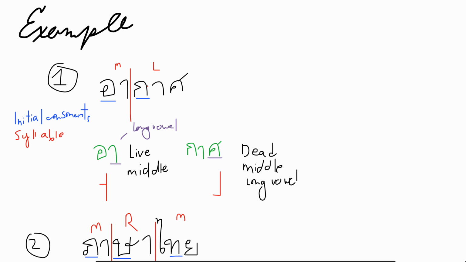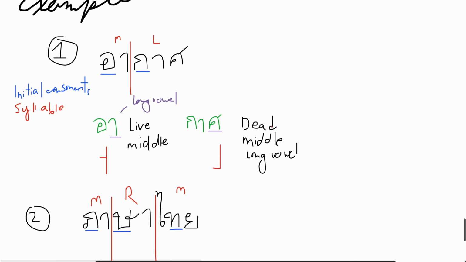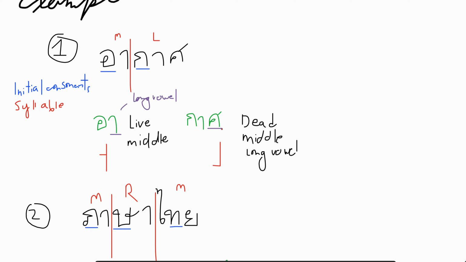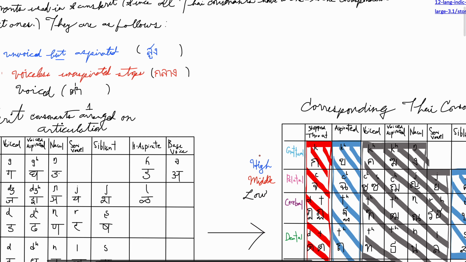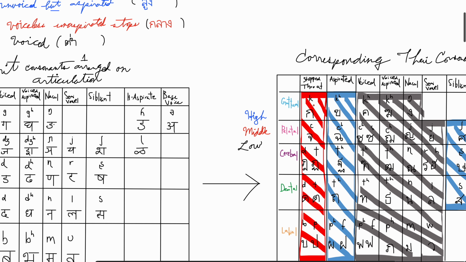Nice. Now we have the last syllable. Kad. So it's dead. Why? Because there is an ending that makes a T sound. So kad. And it's middle because the kokai is right here. It's middle class.